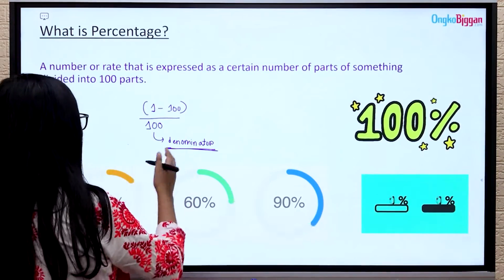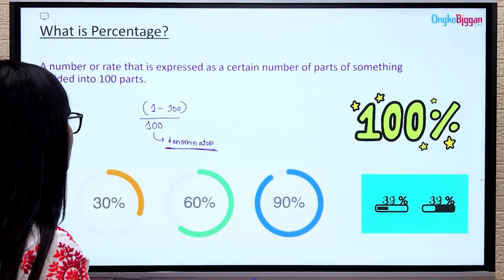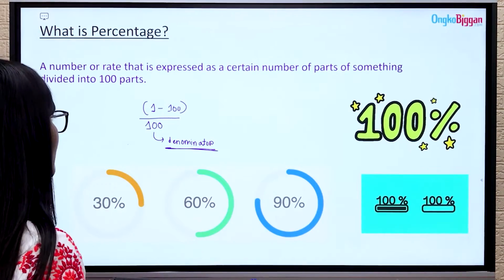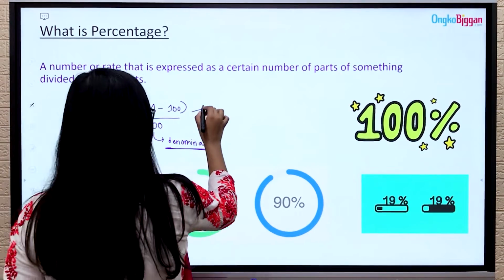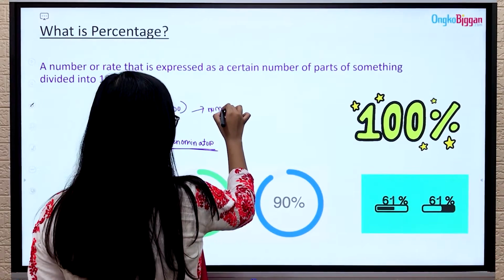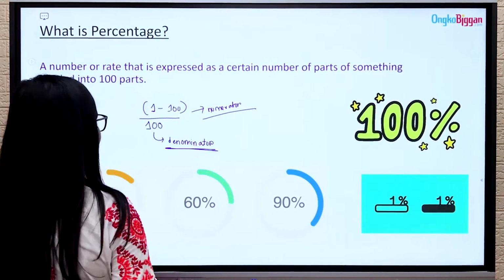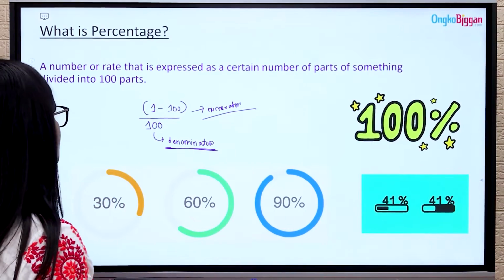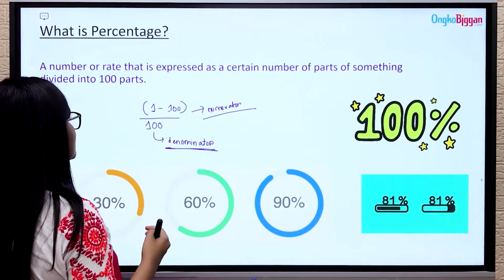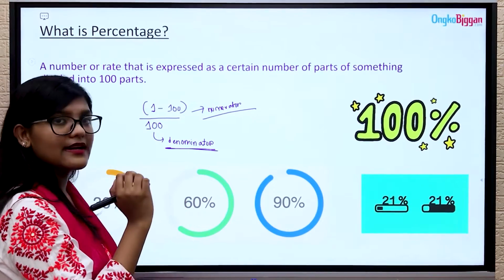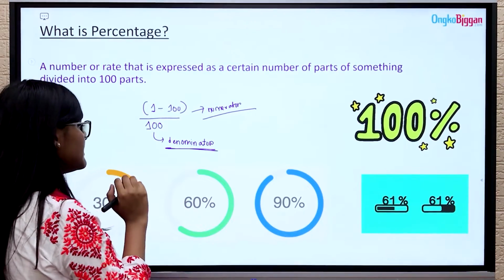So in that case, sometimes we calculate, but generally we calculate between 1 to 100. So the numerator can be anything between 1 to 100. In percentage, we calculate anything that is divided by 100, that means the denominator must be 100.